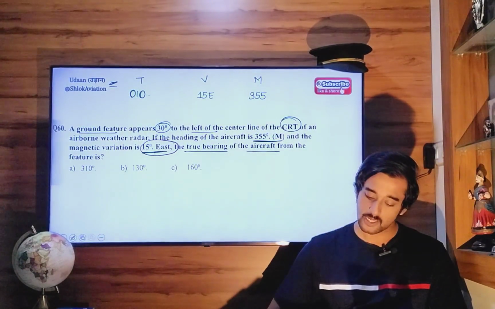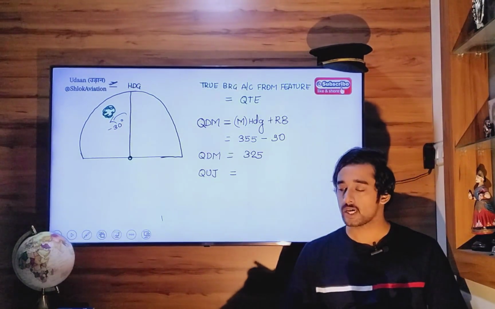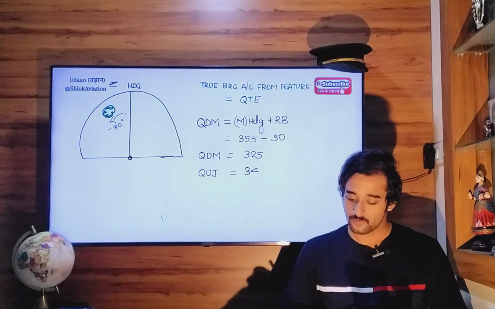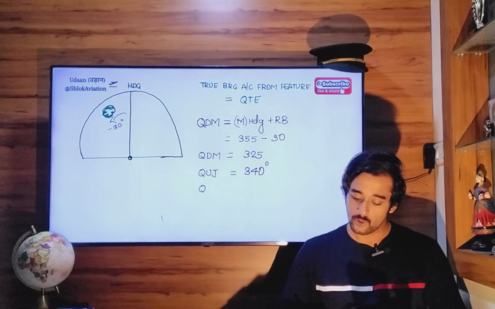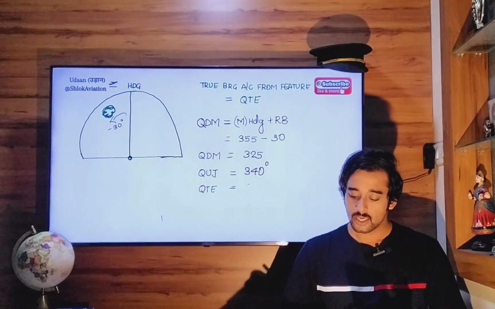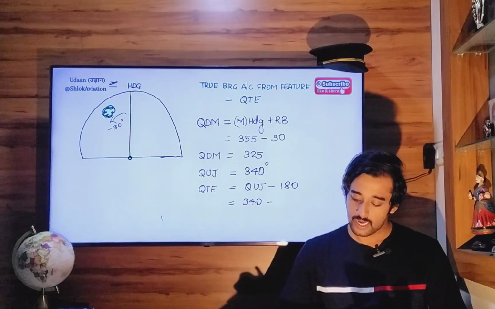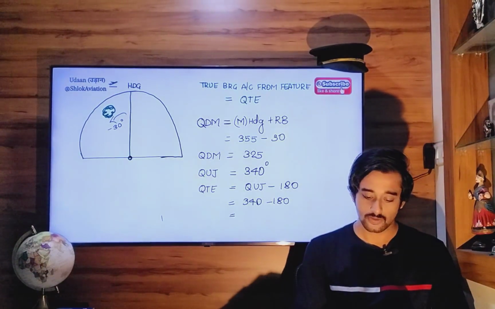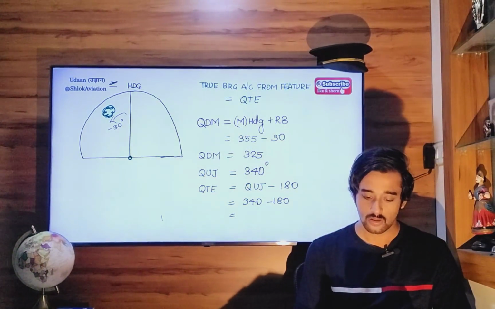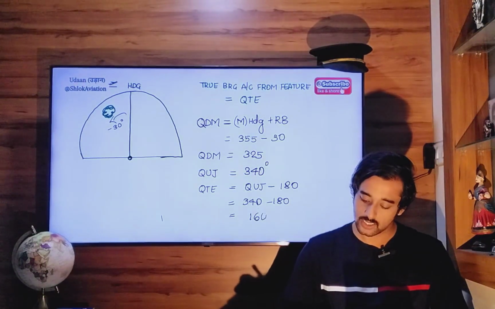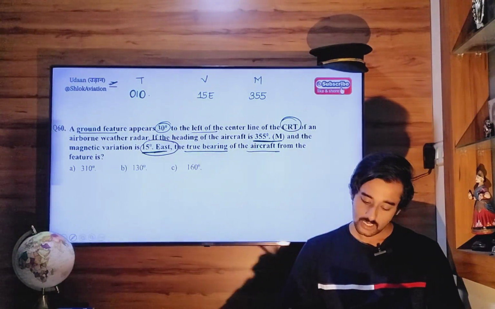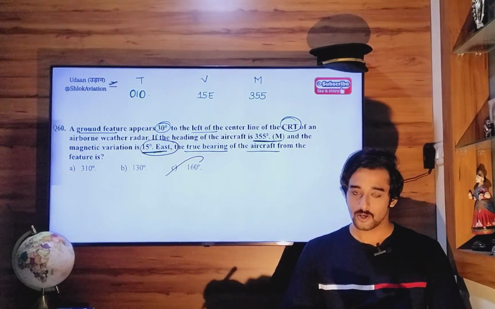So 325 plus 15 is 340. Now what will be QTE? QTE will be the reciprocal of QUJ. So 340 minus 180, that is 160. Option Charlie. Okay.